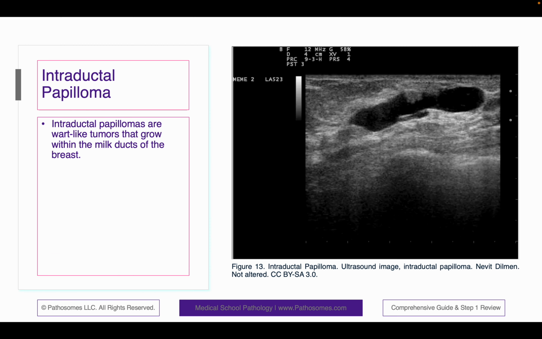Now let's talk about intraductal papilloma. Intraductal papillomas are wart-like tumors that grow within the milk ducts of the breast. As you can see here on this ultrasound showcasing an intraductal papilloma.